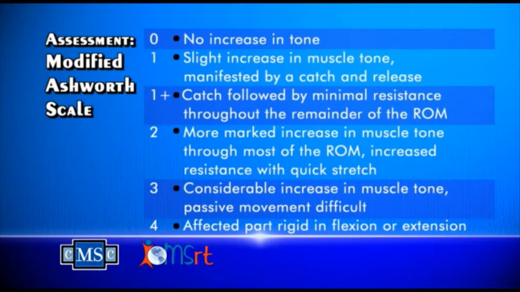It is still important here, if you're suspecting a MAS of 3, to perform that quick stretch so that you can confirm that in fact the problem is one of a spastic nature versus contracture. A 4 reflects that the affected parts are rigid in either a flexion or an extension posture because of the spasticity. We see functional limitations associated with spasticity and weakness, and those will be demonstrated on the next 3 videos.